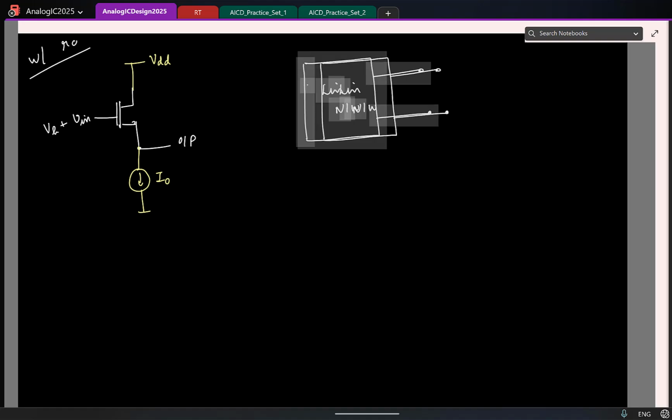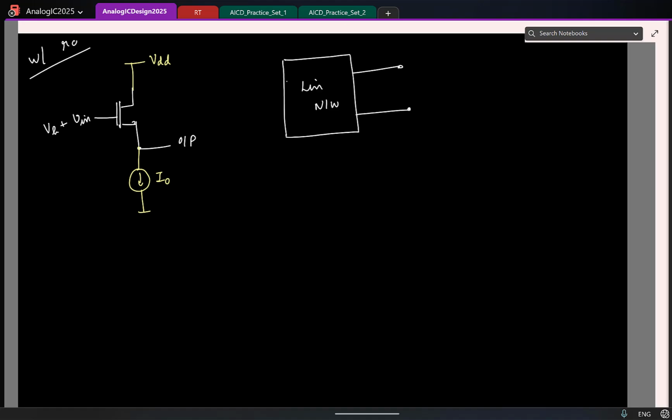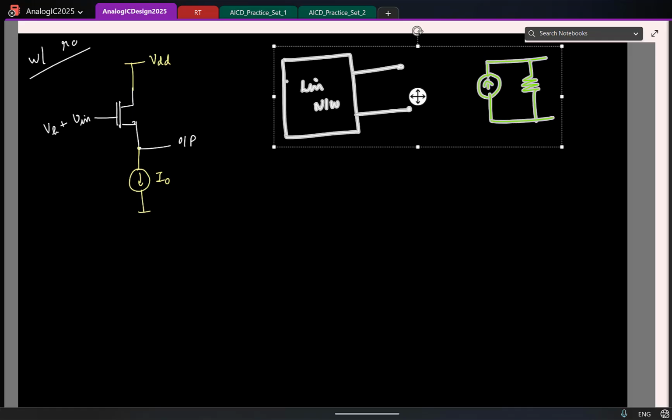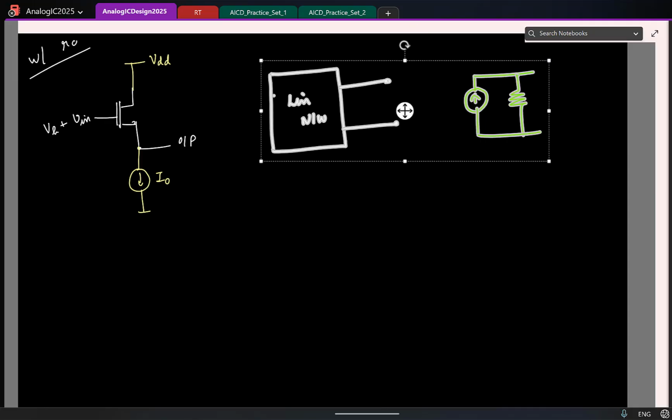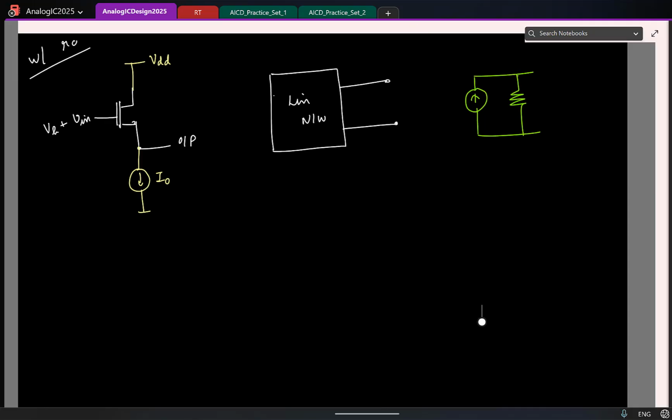Thevenin equivalent, which is what? A voltage source in series with a resistor, or a current source in parallel to a resistor. And we'll stick to the current source in parallel to Rout because that becomes slightly more practical. This is your Norton equivalent.